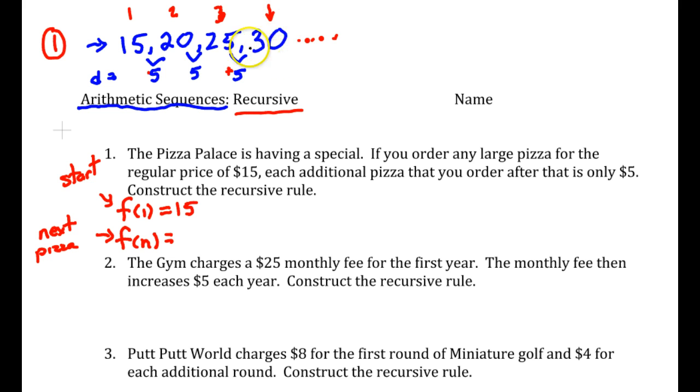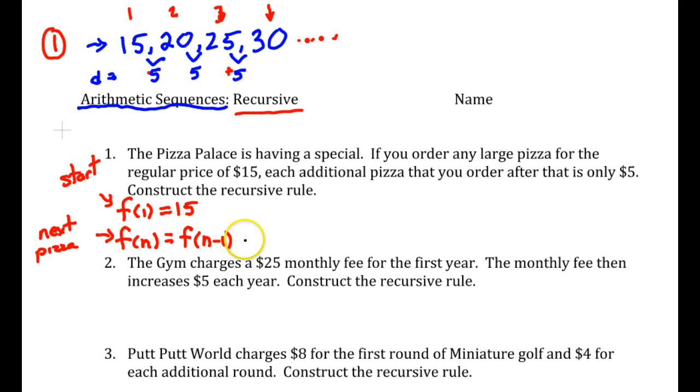Well, we already know 30 up here is going to cost what the last one cost, 25, plus 5 more. So the way we say the last one or the previous one, if n is the next pizza, the one before that would be n minus 1.